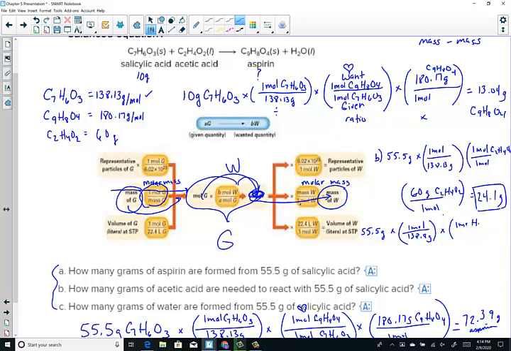Even the water had a coefficient of 1. But the only change now is the molar mass of water will be used in the last step. So all of that repeats, leading to a new final answer, 55.5 divided by 138.13 times 18, the molar mass of water. And just to let you compare, 7.23 grams of water for part C.